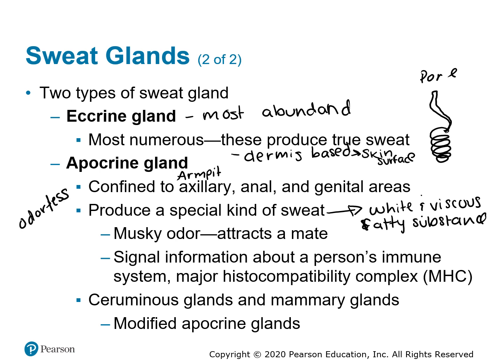but when it interacts with the bacteria on your skin, it creates a musky odor. That musky odor that is created is called a pheromone. And pheromones are evolutionarily used to attract a mate.